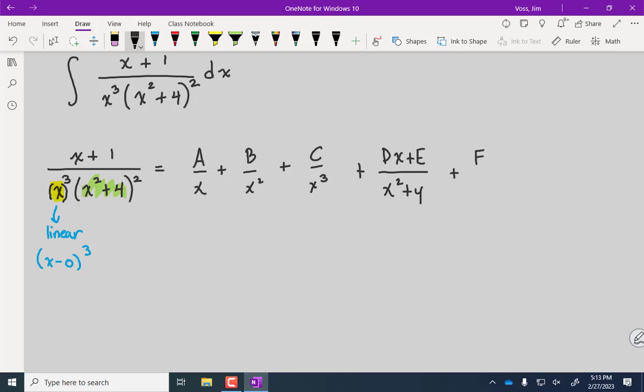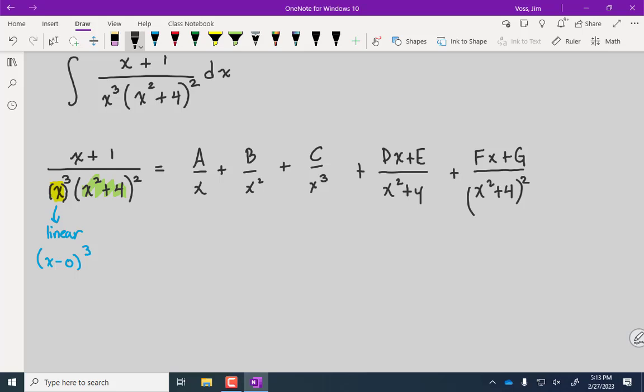Did you just add the parentheses around the x cubed to make x linear? Just to emphasize that it's linear. You can think of it as x minus 0 cubed, if you want to think of the linear factors as x minus a, x minus whatever, raised to a power.